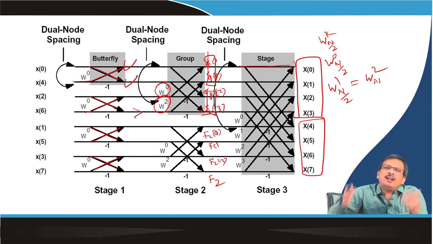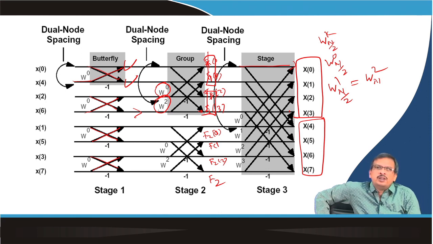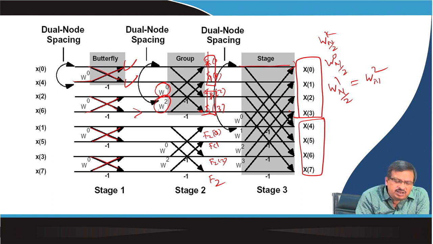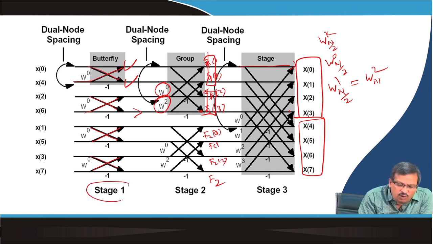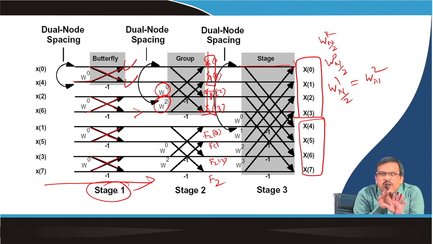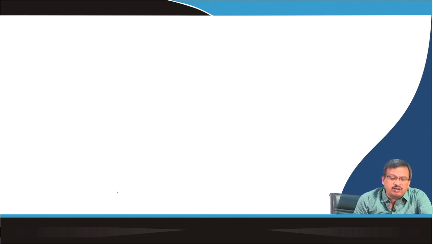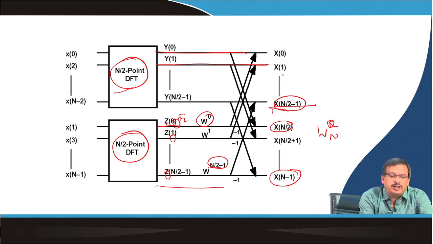Now, what should be my algorithm? So, what I observe and what should be my algorithm? If this is stage 1, the signal flows from this side to this side, but when we understand from this side to this side, we understand that n by 2, again I go for this, so again this side it will be expanded.